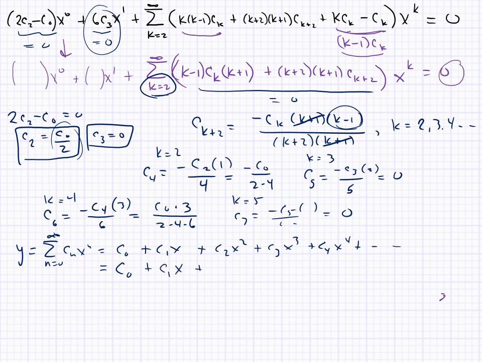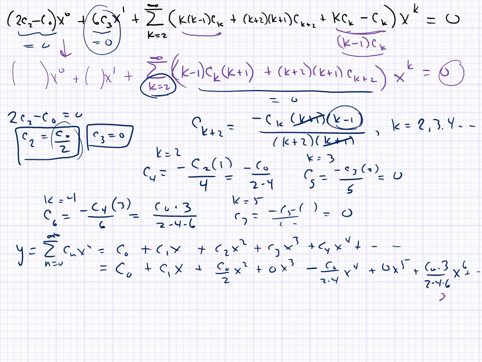We did find out that c sub 2 equals c sub 0 over 2. We did find out that c sub 3 equals 0. We did find that c sub 4 equaled negative c sub 0 over 2 times 4. We found out that c sub 5 was 0. We found out that c sub 6 was c sub 0 times 3 over 2 times 4 times 6, x to the 6th, and we kept going.